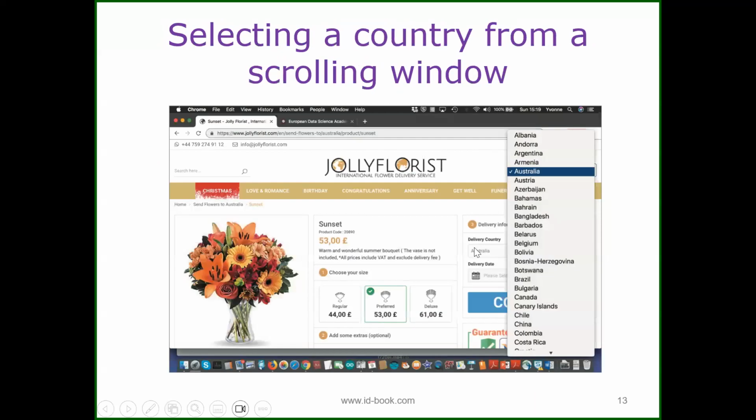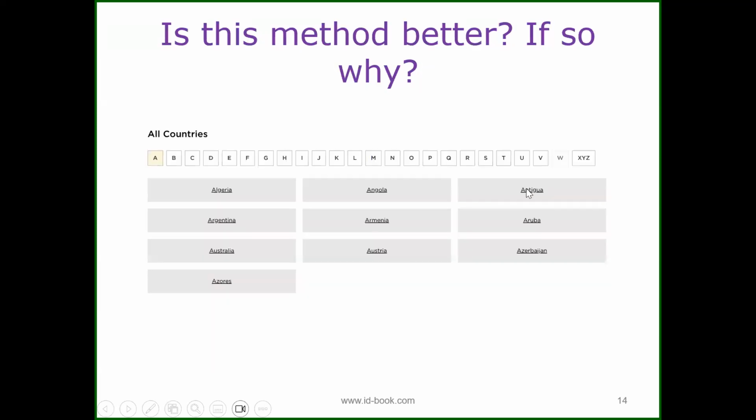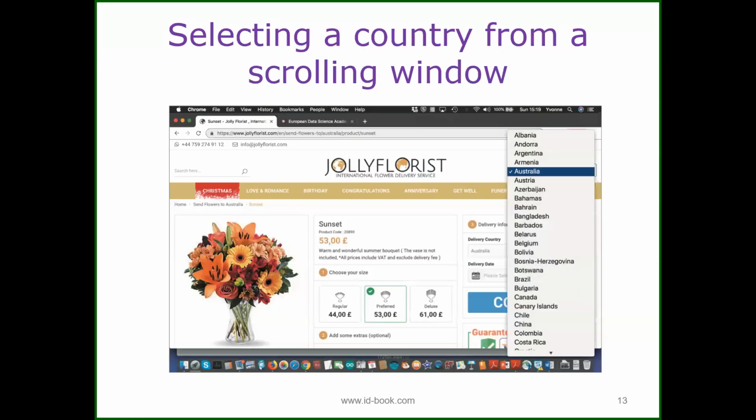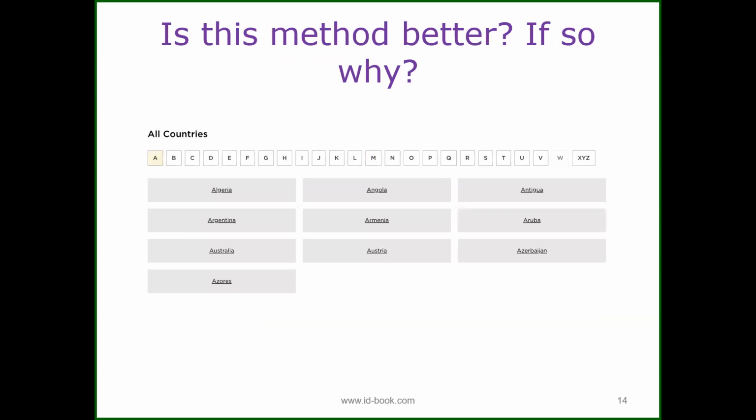So this is one way wherein we see the scrollable list of countries, and here we see an alphabetically arranged list of countries, and the name of the country is categorized according to the letter it starts with. So what do you think is better? This method or this method? And why do you think it is better?